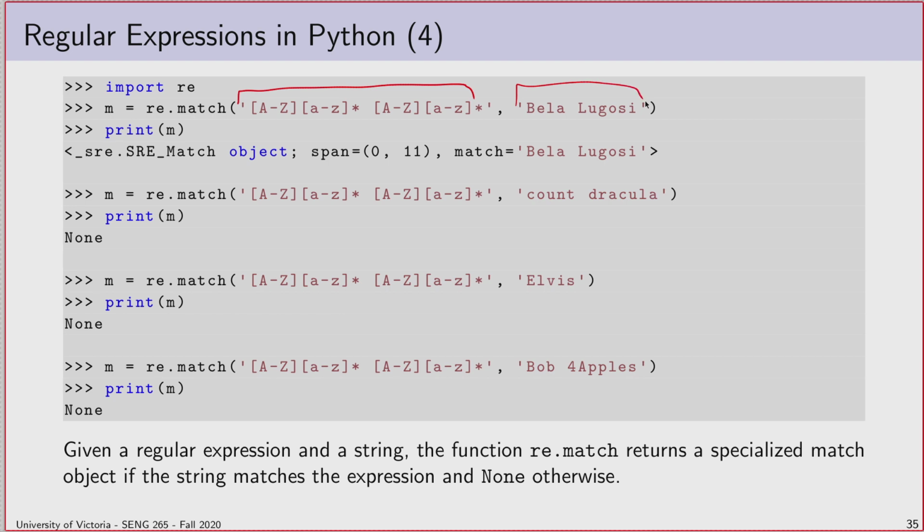And it returns either this specialized match object if the pattern does match, or it returns None, which, as you might know, is the Python analog for a placeholder value that represents no data, like you might use null in a language like Java or C. So you could use the fact that it either returns an object or None as an easy yes-no test for whether a match exists.